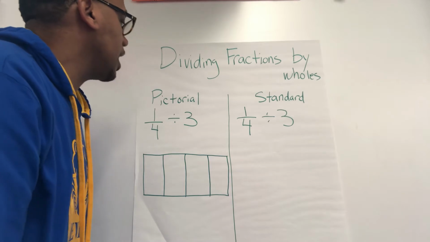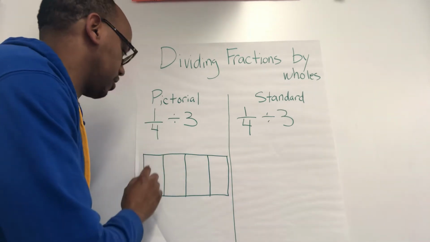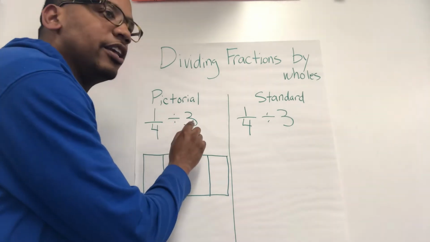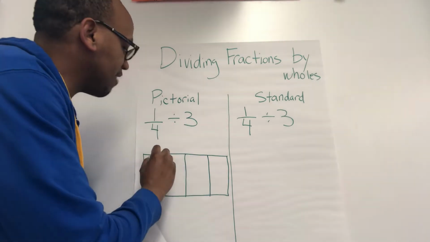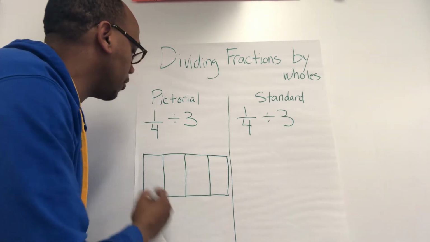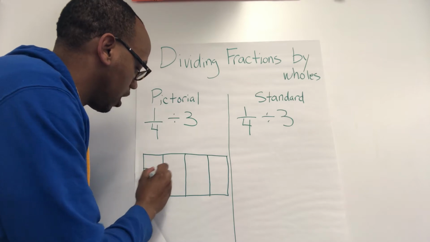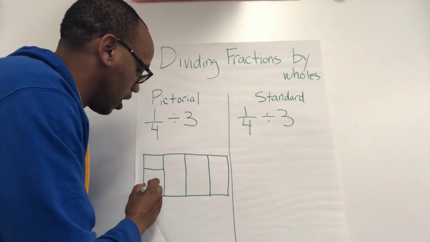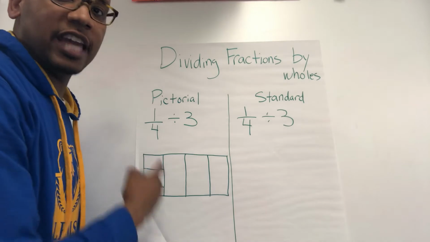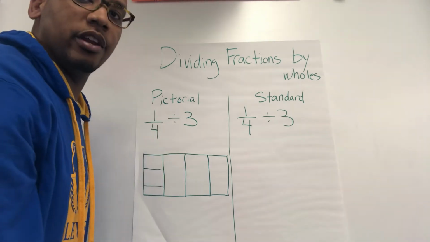Now I have 1/4, and I'm going to take this fourth and divide it by 3. Since I've partitioned fourths going down, I'm going to make thirds going left to right. Now I have taken that 1/4 and divided it by 3.